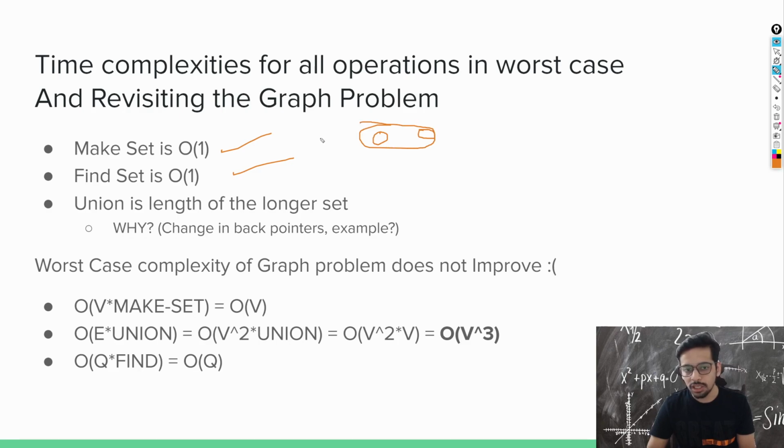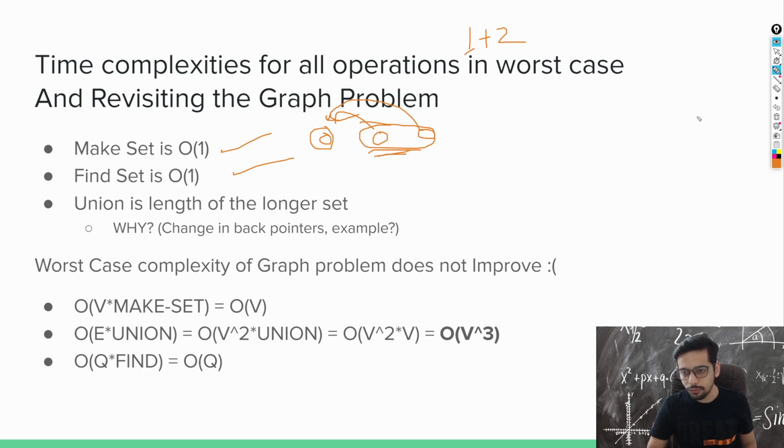But then you union it with a set of size 1, and the cost of this union is going to be 2. So first was 1, plus 2. And remember, if there are n elements, the maximum number of times you can run union is n minus 1, because after that all the elements belong to the same set. So the first union costs 1 because one back pointer was changed. Here the cost of the union of these two will be 2 because two back pointers need to be changed.